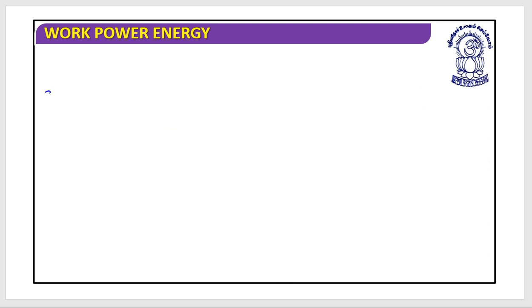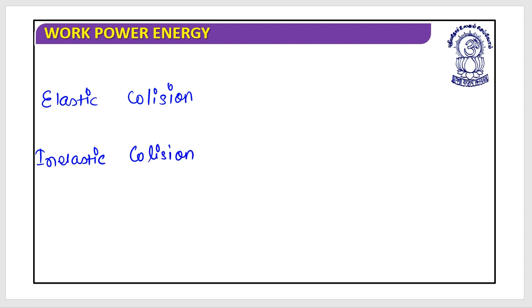If I summarize this, this is the elastic collision. Another one is the inelastic collision. So let's talk about the momentum and kinetic energy. When we say elastic collision, the momentum is going to be conserved.